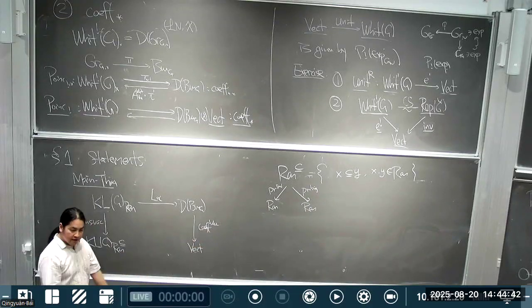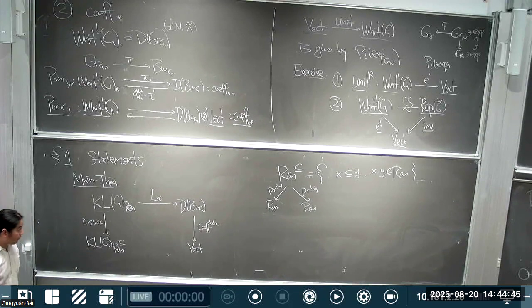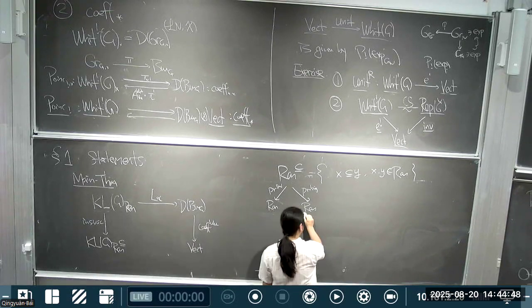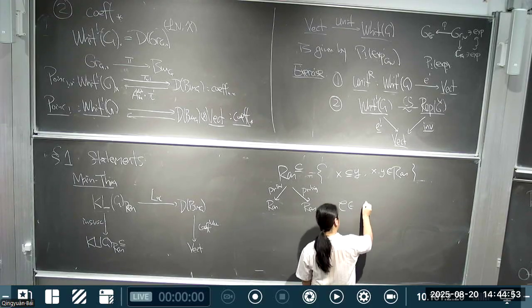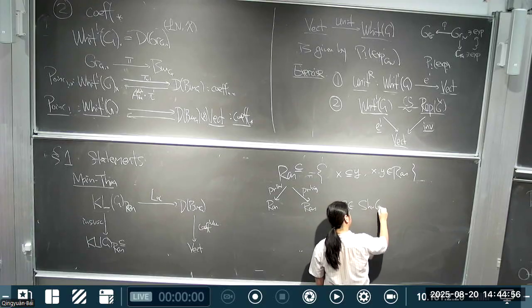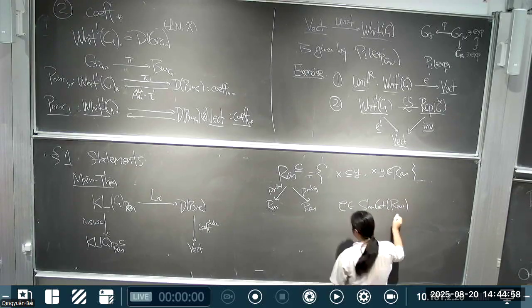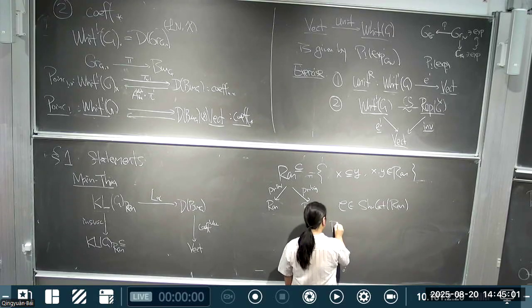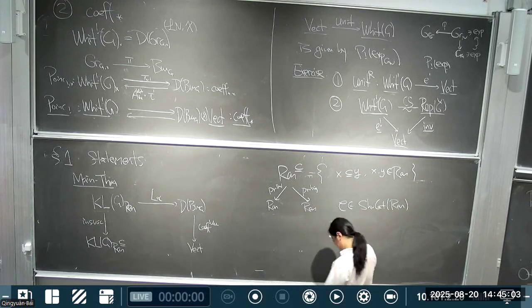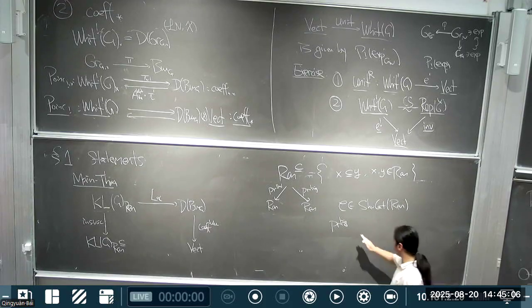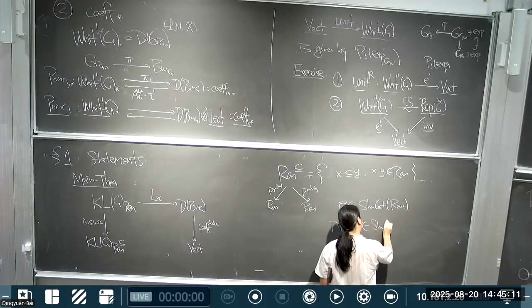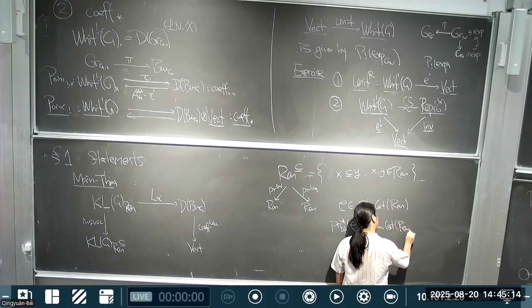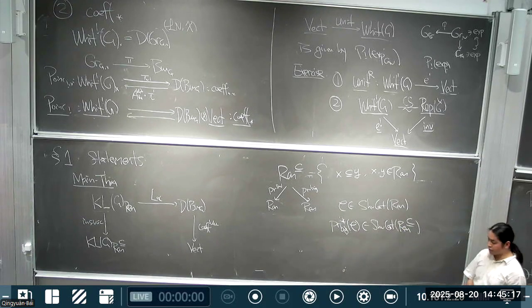And now, along these maps, you can pull back any sheaf of categories you like. If you have some C in ShvCat on this Ran, you can just pull it back along this big map to get a sheaf of categories on this gadget, and then you can try to take global sections of this.